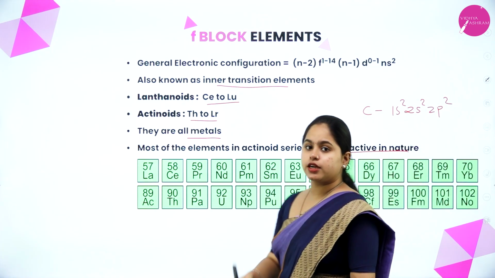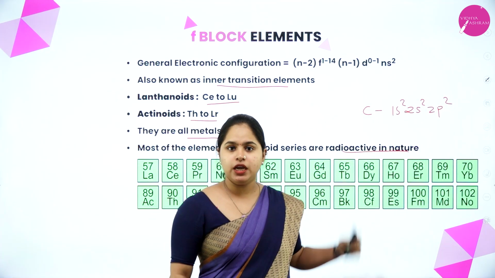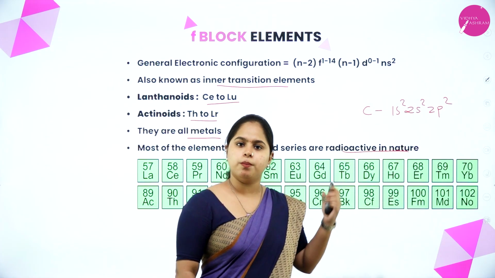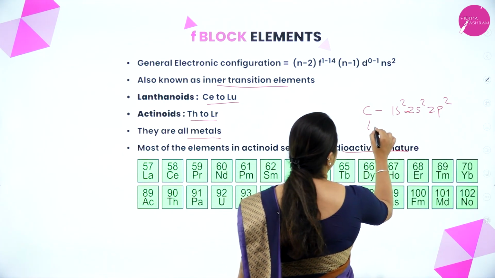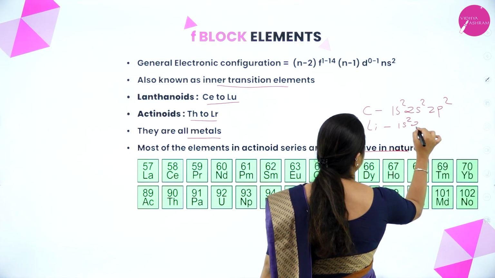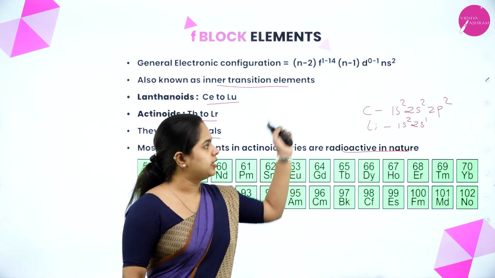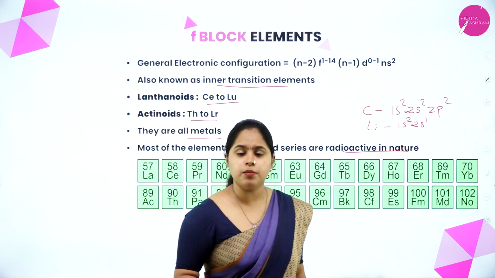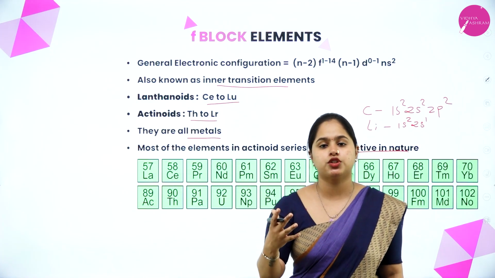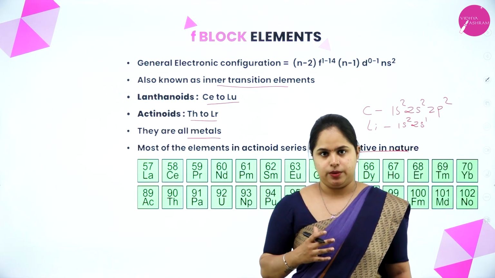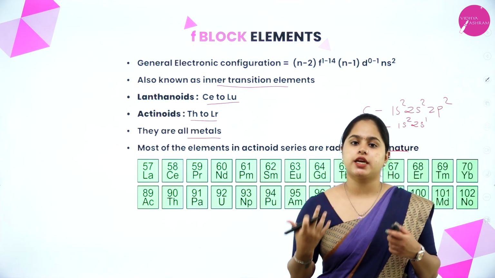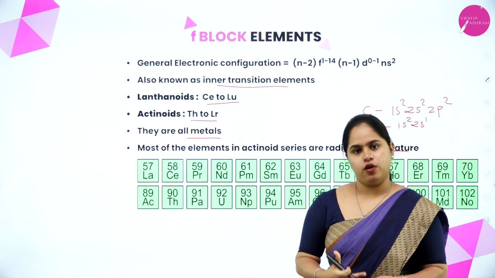The last electron is going to the P orbital. Hence, it belongs to P block elements. Let's take the example of lithium. It is 1s2, 2s1. The last electron is going to the S orbital. Hence, it belongs to S block elements. And in D block elements, the last electron is going to the D orbital. And in F block elements, the last electron goes to the F orbital.